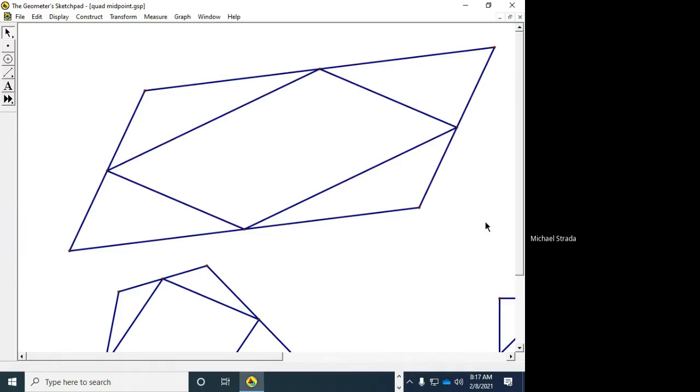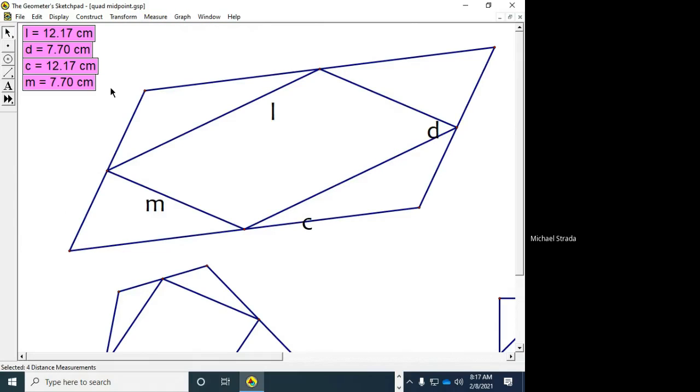So that, ladies and gentlemen, is a parallelogram, and those are the midpoints connected. Now, if I connect the midpoints of a parallelogram, I have to figure whose opposite sides are congruent. If I measure their lengths, they're not all congruent, which gets rid of the rhombus.